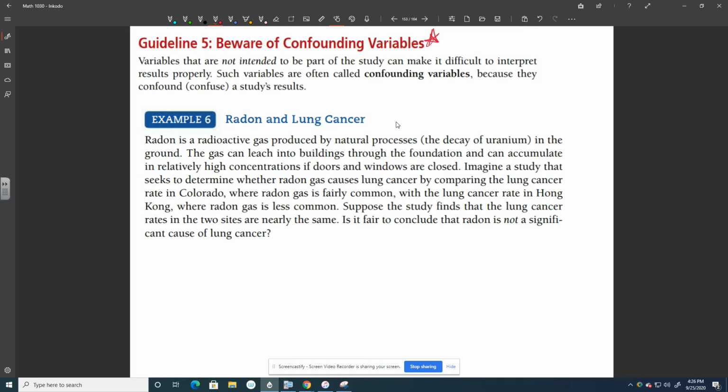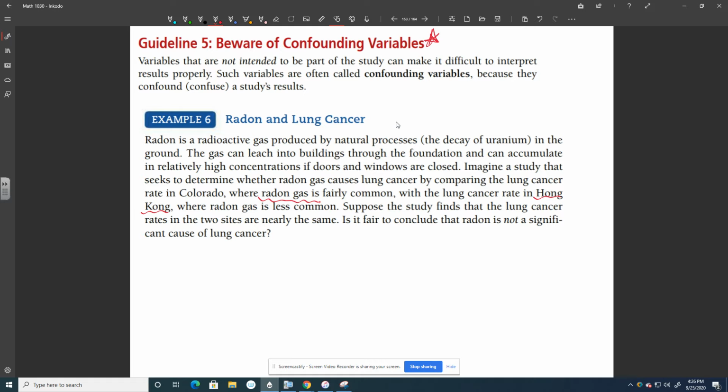So if they were doing a study to determine, does this gas cause lung cancer? And they were looking at people in Colorado with lung cancer and comparing that to people in Hong Kong with lung cancer. Well, in Colorado, because of the mountains and the land that it's built on, radon gas is more common than it is in Hong Kong.